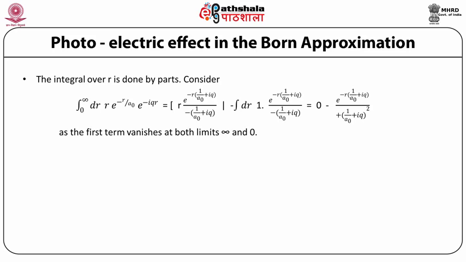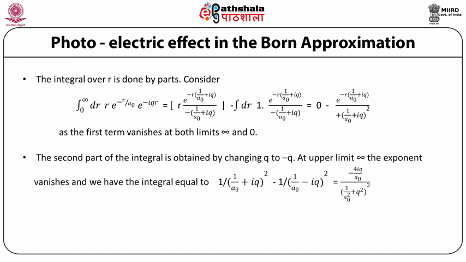This is equal to r e^{-r(1/a₀ + iq)} divided by -(1/a₀ + iq), minus the integral of dr e^{-r(1/a₀ + iq)} divided by the same factor again, which is equal to 0 minus e^{-r(1/a₀ + iq)} divided by (1/a₀ + iq) squared. As the first term vanishes at both limits, infinity and 0, the second part of the integral is obtained by changing q to -q.